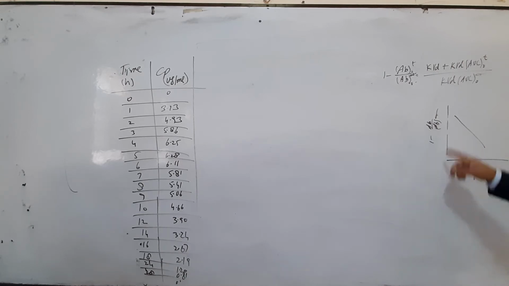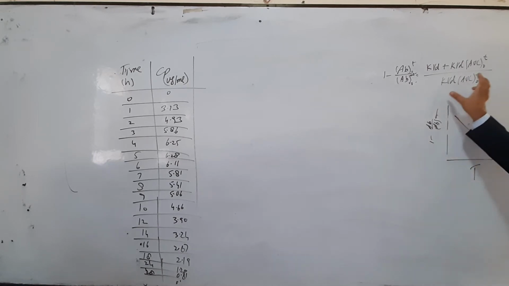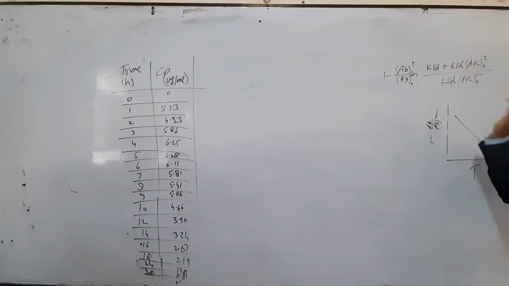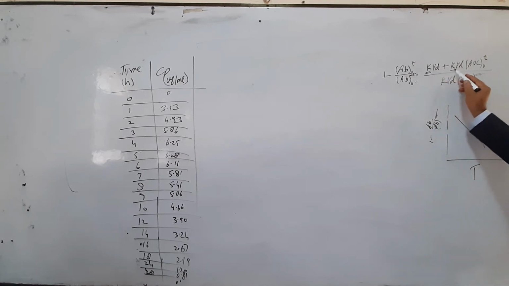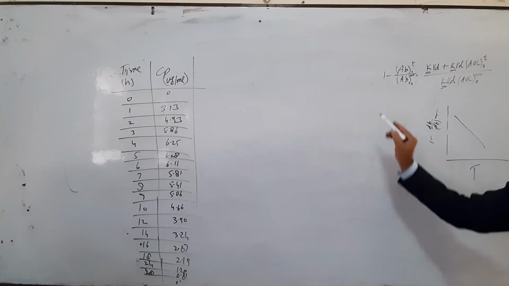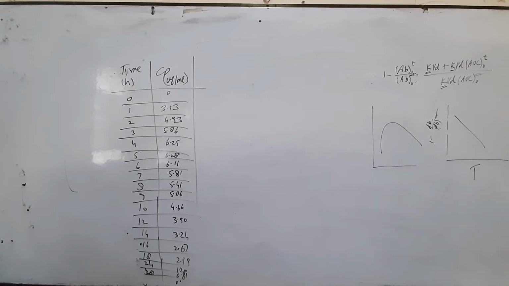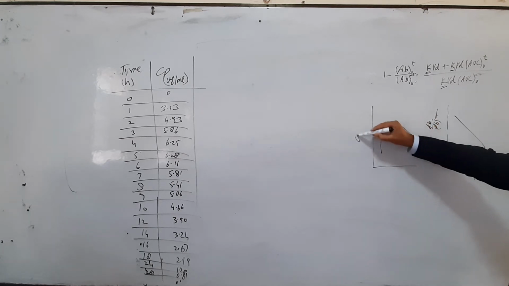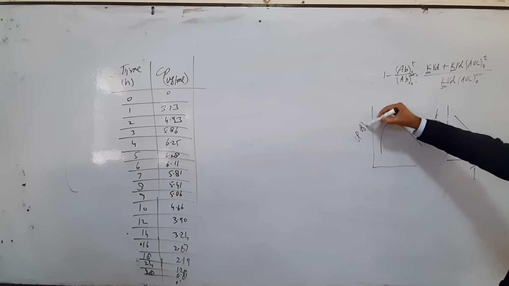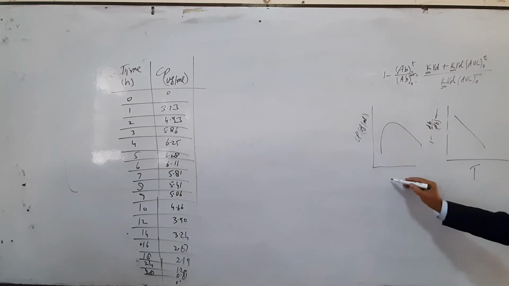The question is, how can we find 1 minus Ab over Ab infinity? We have a very simple idea. First of all, we will construct this graph, between Cp in microgram per ml versus time in hours.